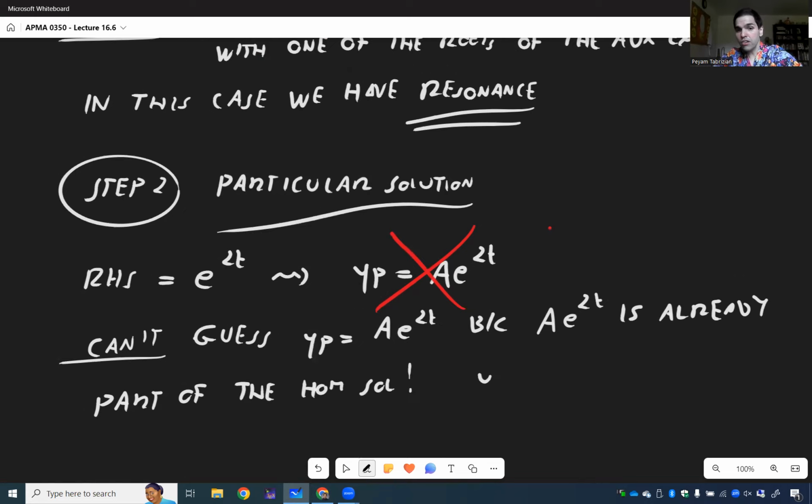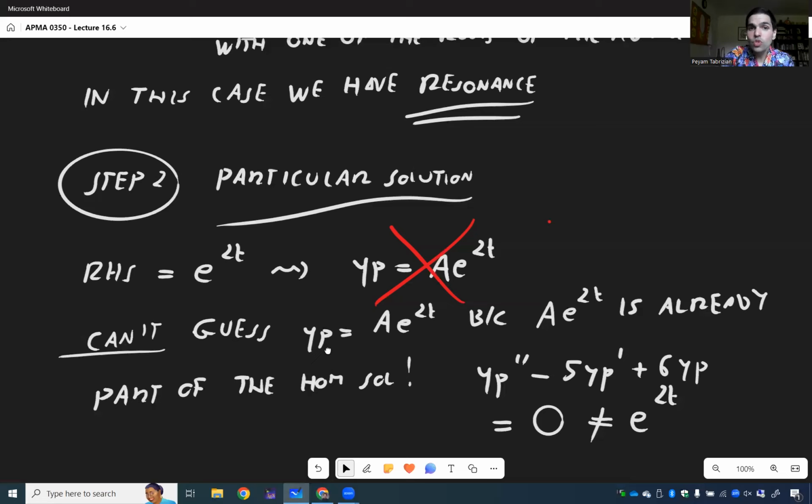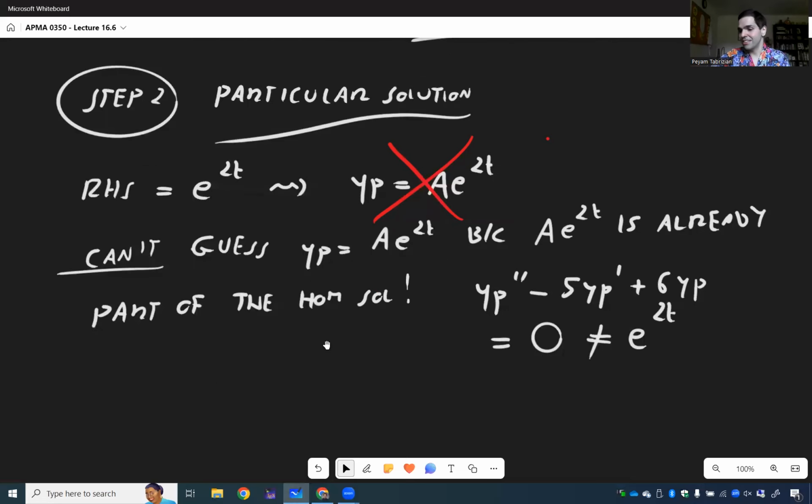In particular, if you plug it in, if you do yp double prime minus 5yp prime plus 6yp, you would get 0 by definition of the homogeneous solution. And there's no way you can get e to the 2t. There's no way it would equal the right-hand side. And in fact, try it out. No one believes me, but plug it in. You will see it won't work.